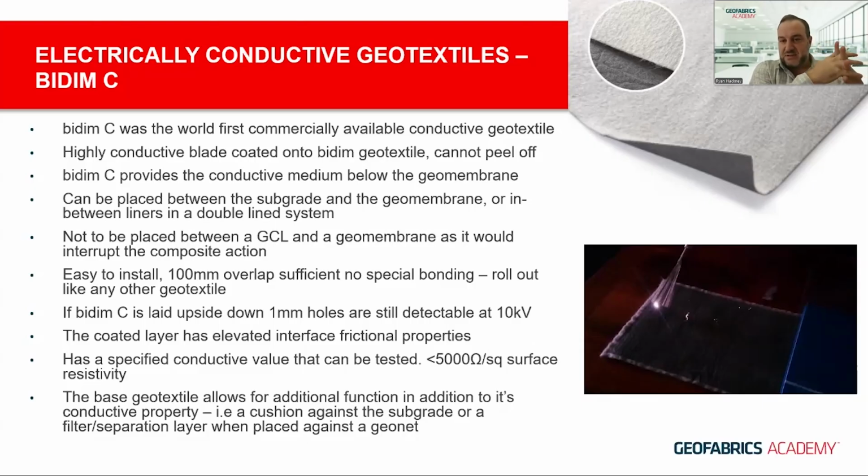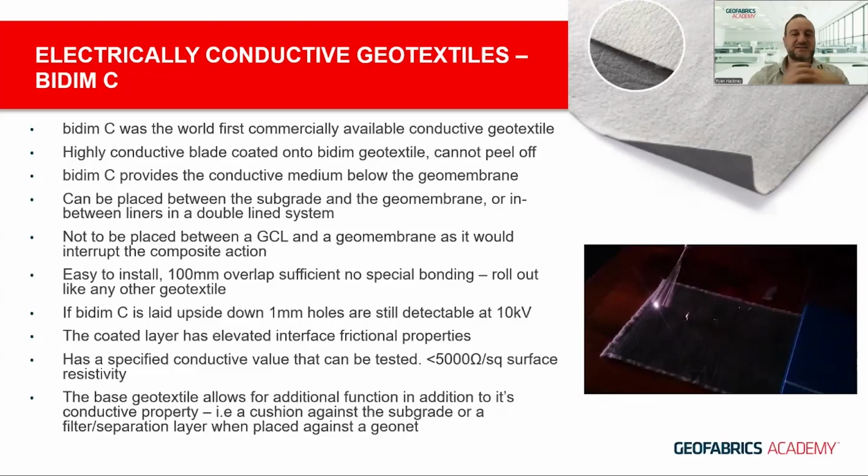The material, the conductive geotextile, has a specified conductive value that can be tested. So when we look at data sheets, typically for these types of conductive materials, the actual measurement is surface resistivity. So resistivity is the inverse of conductivity. So the lower the surface resistivity is, the more conductive the material is.